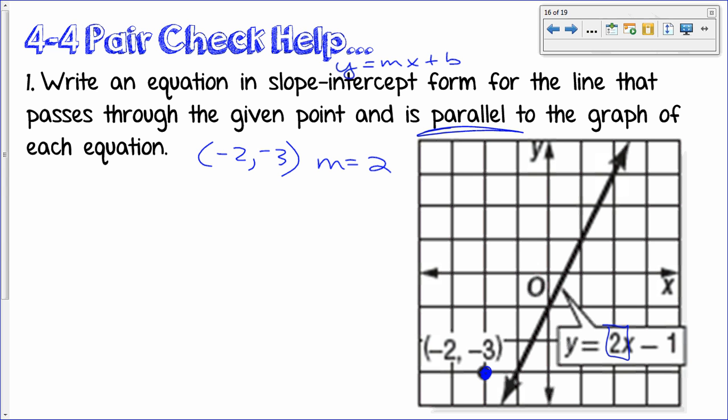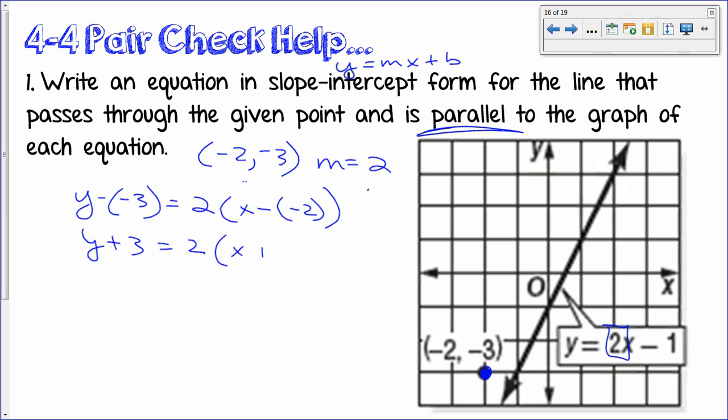What can we start out at? What do I have? I got a point, I got a slope, right? So I go y minus... what's next, guys?